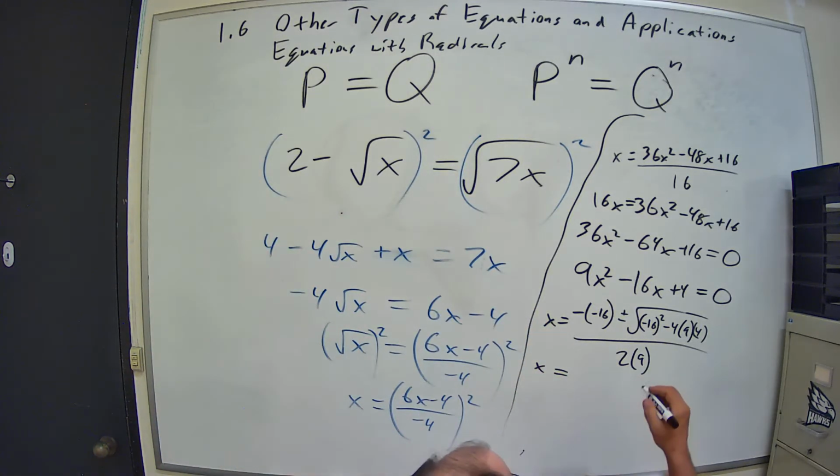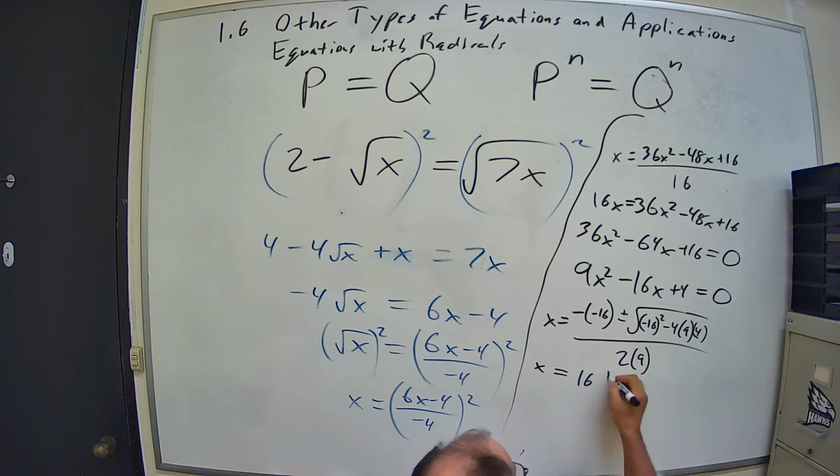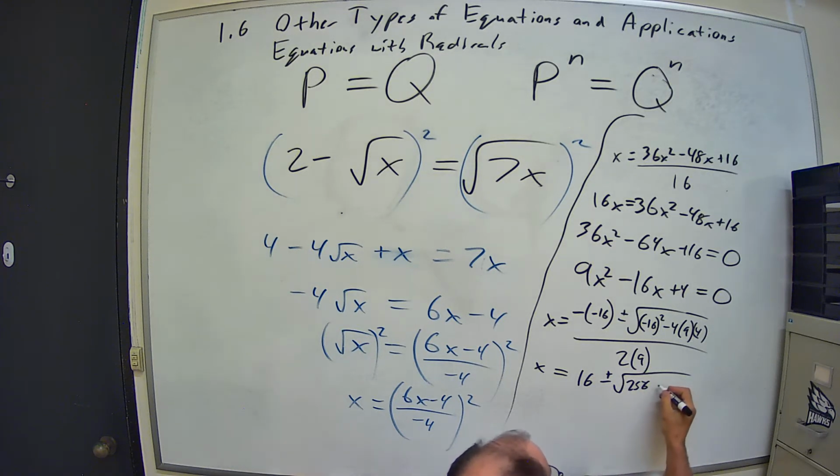So we get negative 16, or rather 16, plus or minus the square root of 256 minus, we got 36 times 4, 30 times 4 is 120.